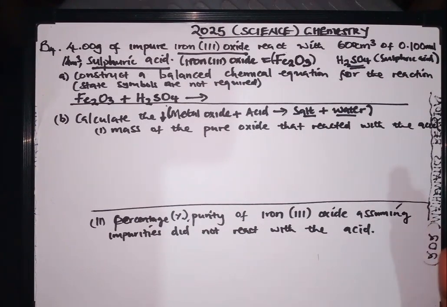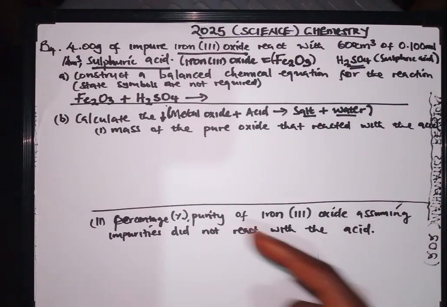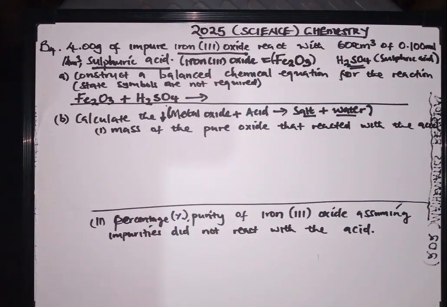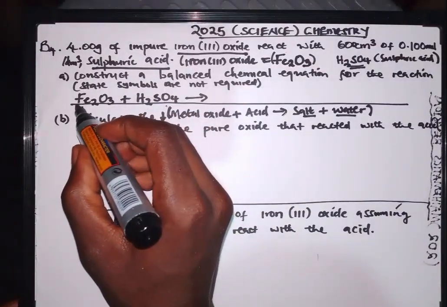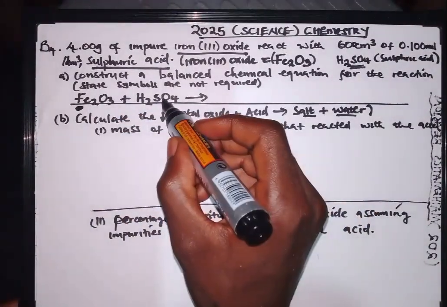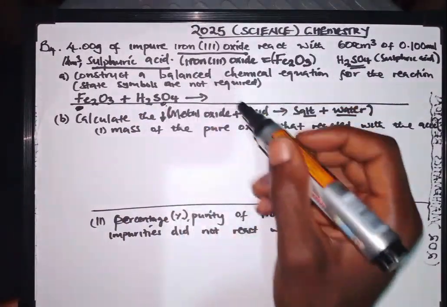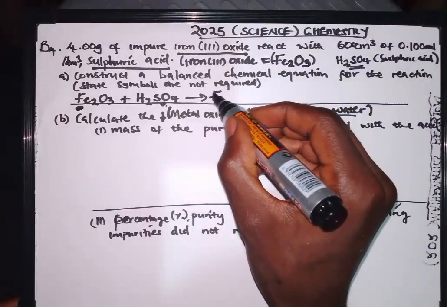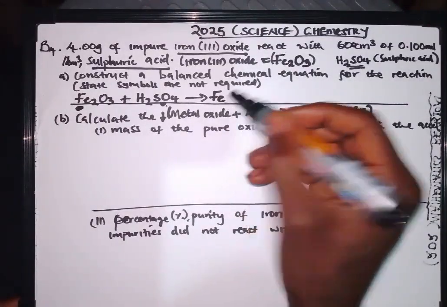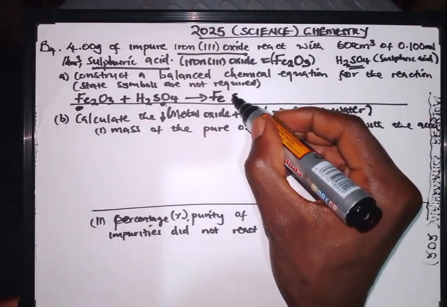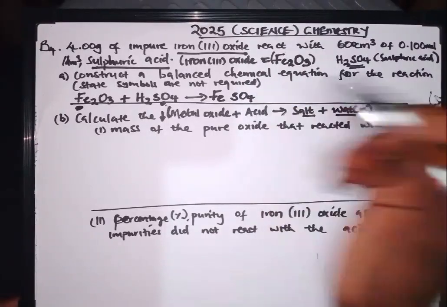How can you pick the salt from the equation? The way we pick a salt is by getting the first atom with the last atom. You have iron and sulfate, like that.